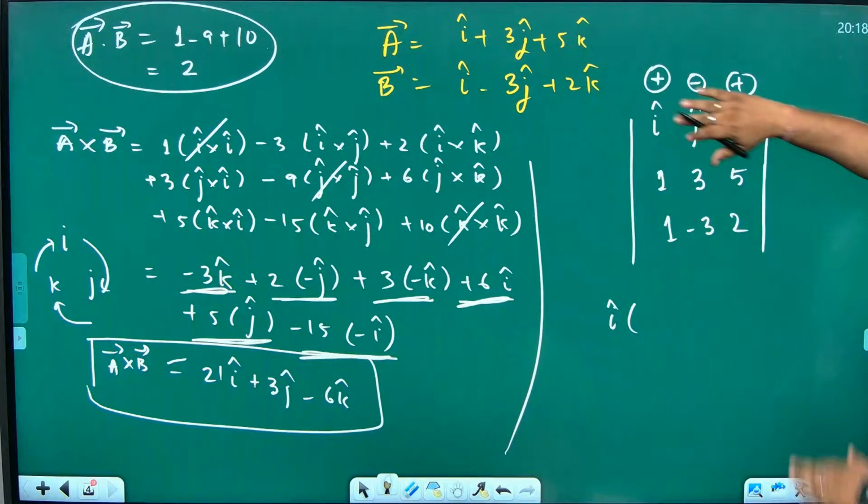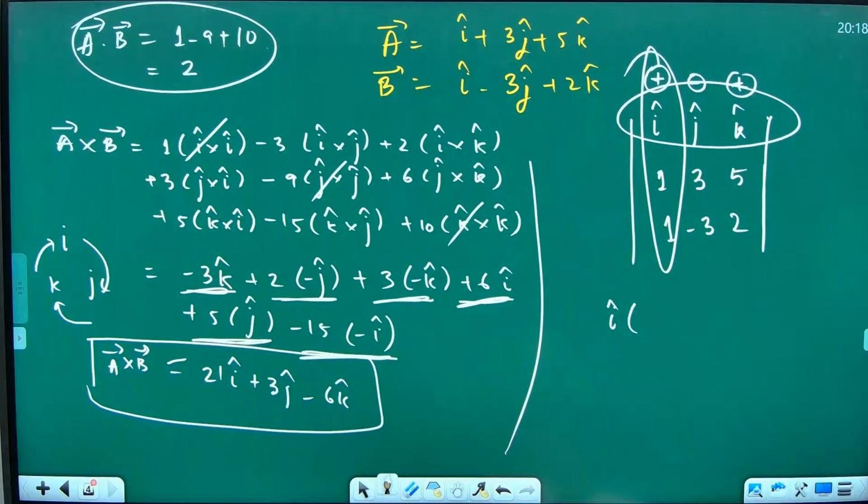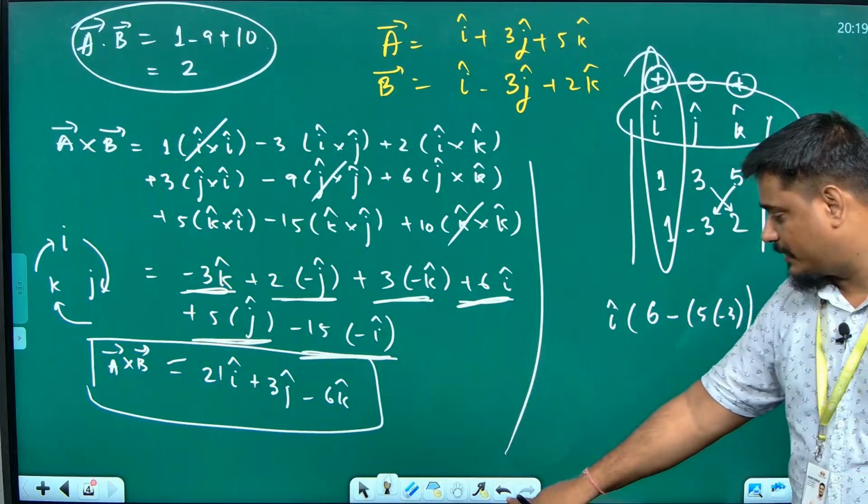If I hide all these things, what remains? 3, 5, minus 3, 2. Order is 3 into 2 minus 5 into 3. So 3 into 2 is 6 minus 5 into minus 3 is how much? 15. Are you getting what I am telling now? This minus this, always remember this. Okay, coming back.